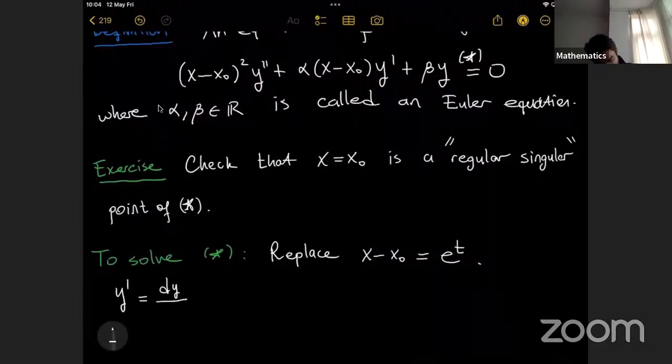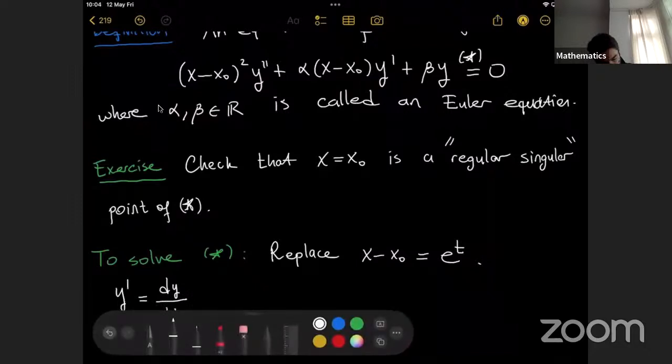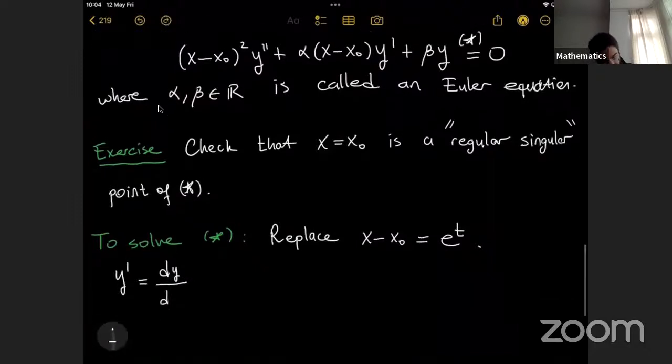Or you can think of it like, okay, we will write everything in terms of t. So let's do it like this: dy dt times dt dx, right?